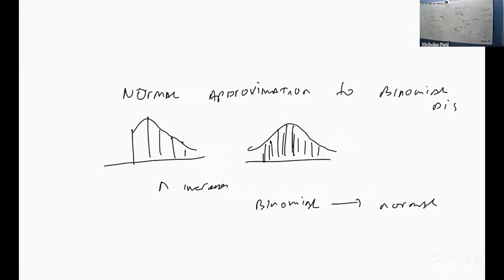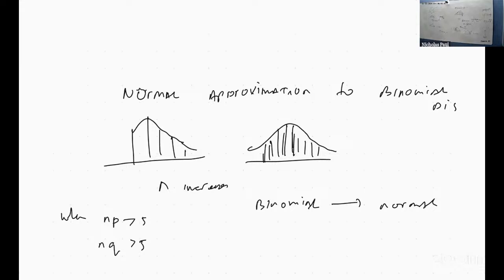To be specific, when n is large, when np is more than 5 and nq is more than 5, we can no longer use a binomial.